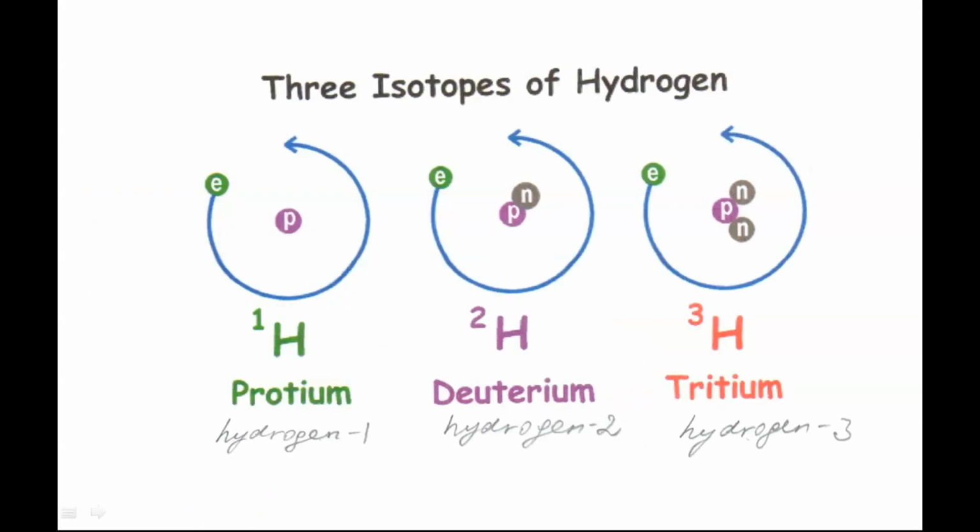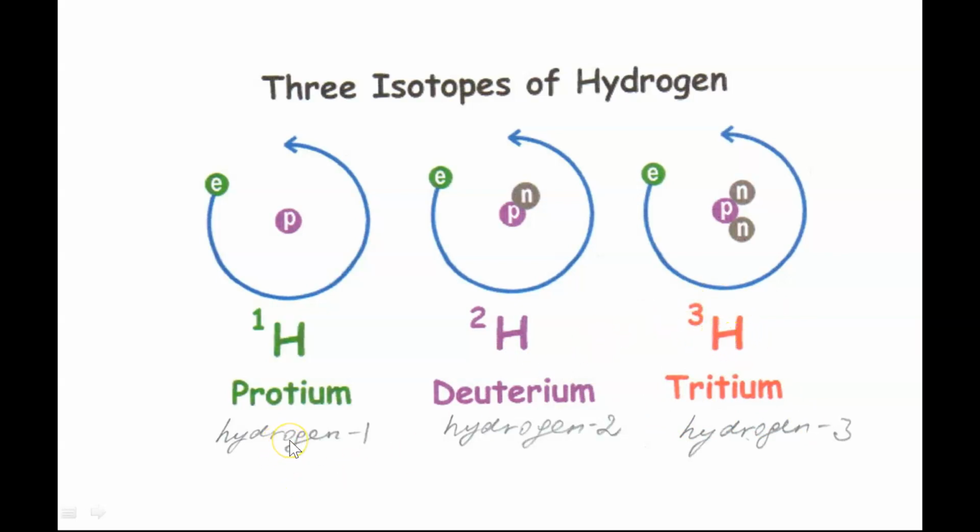So let's talk about the structure of these 3 isotopes of hydrogen. Right here they are: hydrogen 1, which is also known as protium, and the symbol will be this. Hydrogen 2, which is also known as deuterium, and this is going to be the symbol. And hydrogen 3, which is also known as tritium, and this is going to be the symbol. What is the difference?